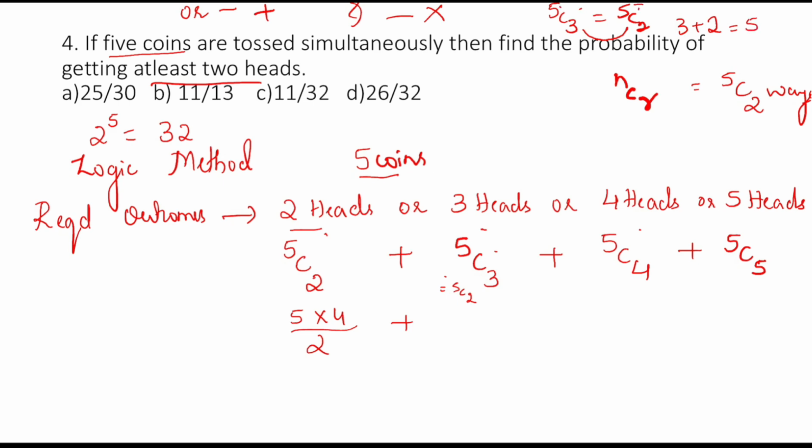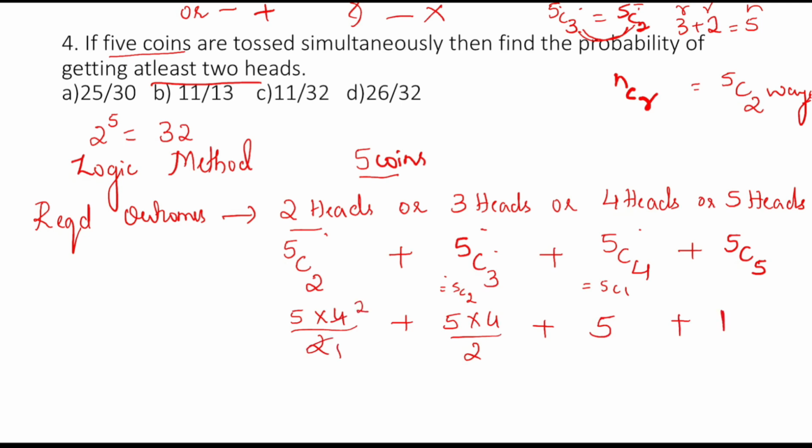So when we add these r values, it should be equal to the n value. So 3 plus 2 is equal to 5. So 5C3 is equal to 5C2. So I can write this as 5 into 4 divided by 2, plus 5C4, which is equal to 5C1, isn't it? And 5C1 is equal to 5, plus 5C5 is equal to 1.